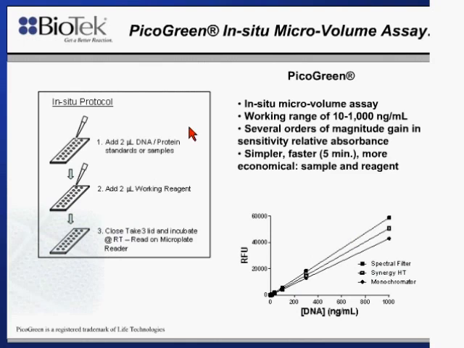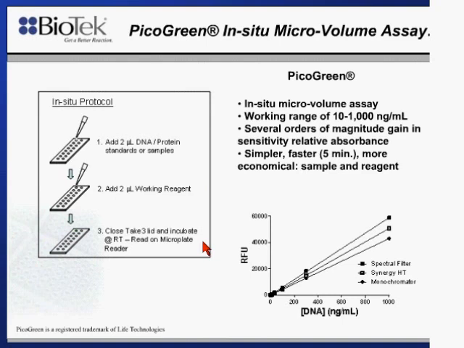What we do is we add our sample, DNA, protein, it'll be the same regardless of what the protocol is, directly to our slide. And then we'll next add 2 microliters of our working reagent, and then we'll close the lid and incubate right on the slide, and then we'll pop the Take3 into a microplate reader and read the absorbance or fluorescence, depending on what the assay is.